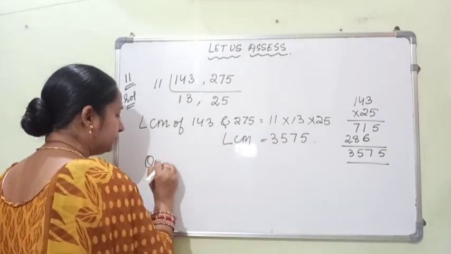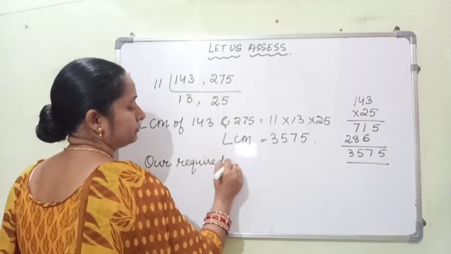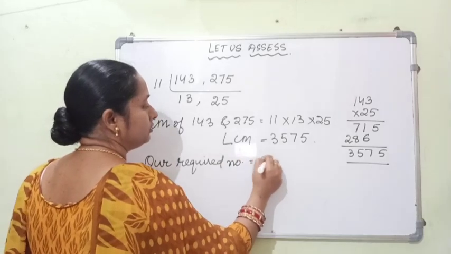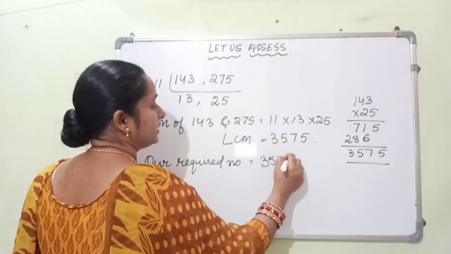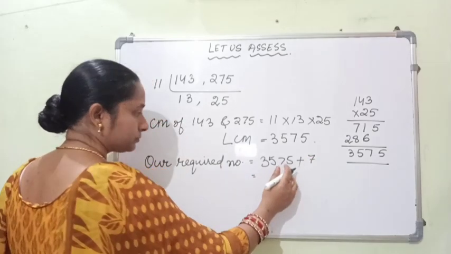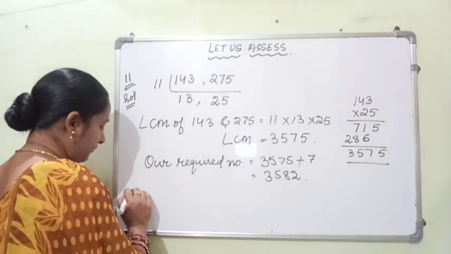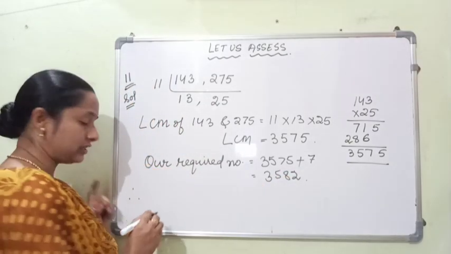So our required number is equal to 3575 plus 7, that is 3582. So therefore you have to write a statement.